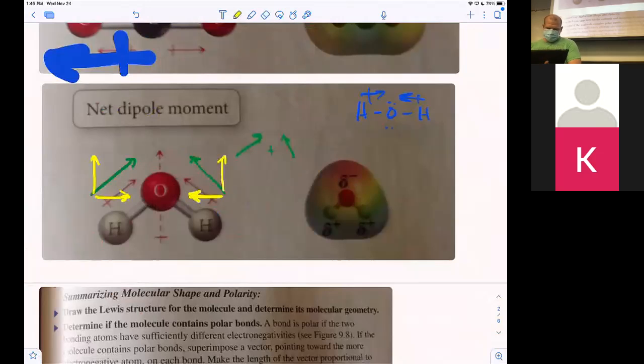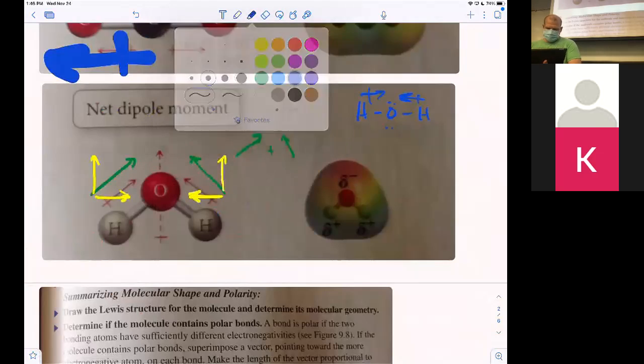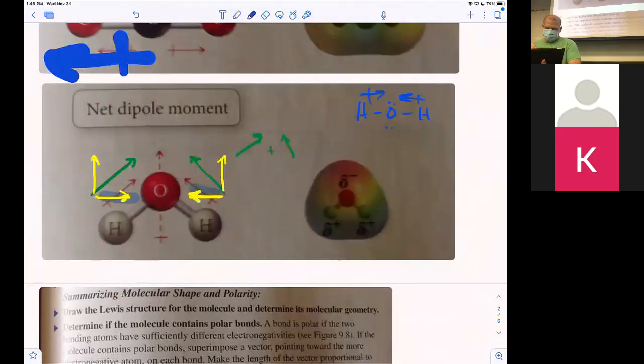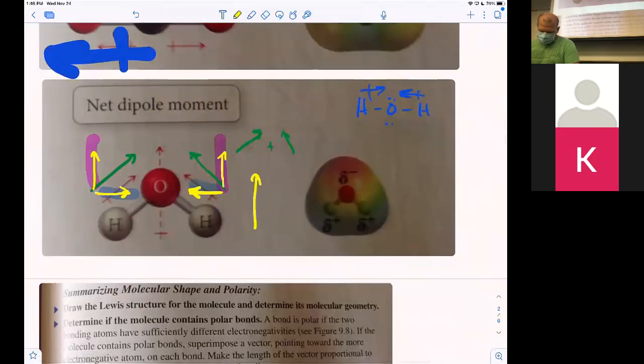These components cancel each other out, but the ones highlighted in pink here actually add. And then overall, you get an overall electron flow in one direction. And because of that, you get a negative end of the molecule here and a positive end of the molecule there. So water is also polar.